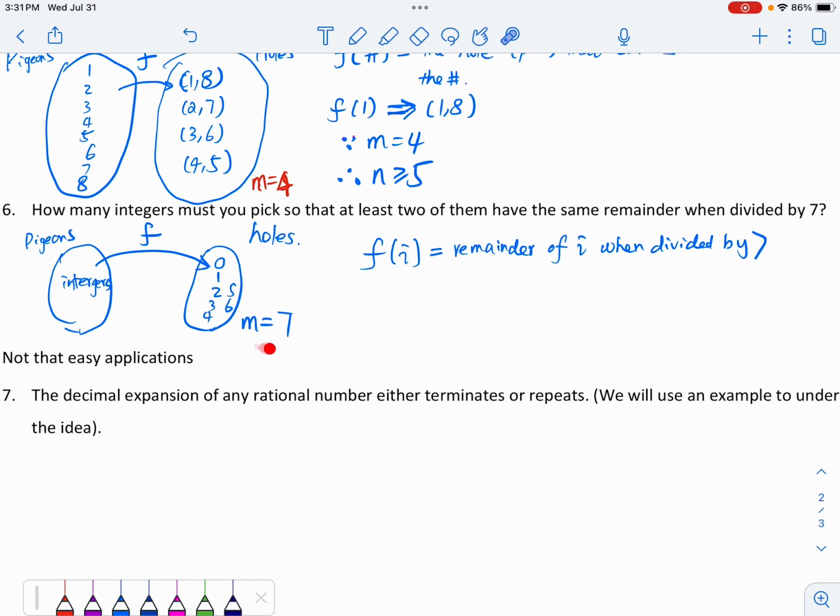Because m is equal to 7, you have to choose 8 or more. Once you choose 8, it guarantees that at least 2 of them have the same remainder when divided by 7. So this is it.